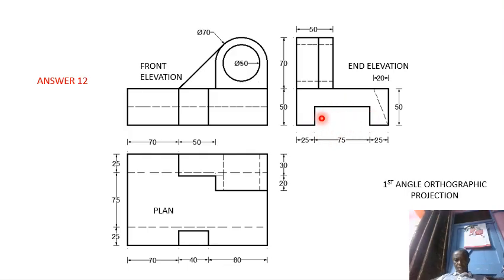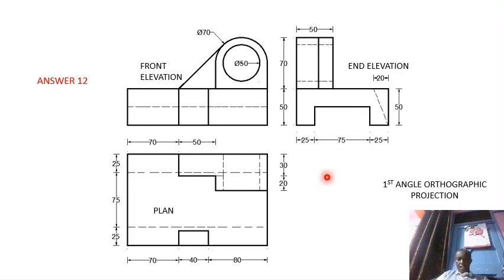This notch over here, we can still see it on plan, and it is indicated by this line and this line. Then those are dotted lines. Then we also have these dotted lines indicating what? Indicating this hole over here, that hole over there. And basically, looking at it, we see the dimensioning, which is very important.